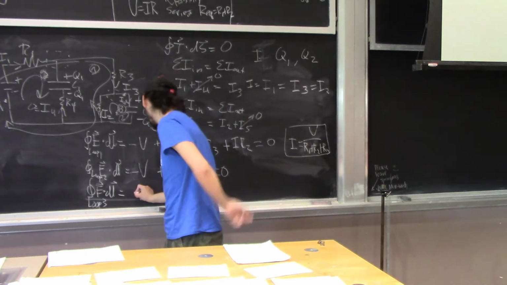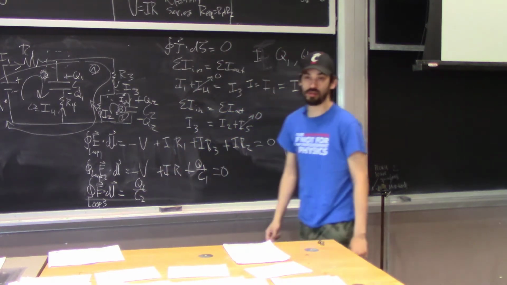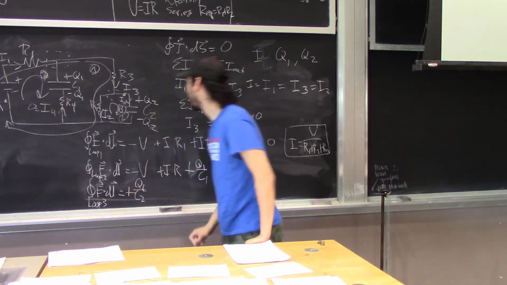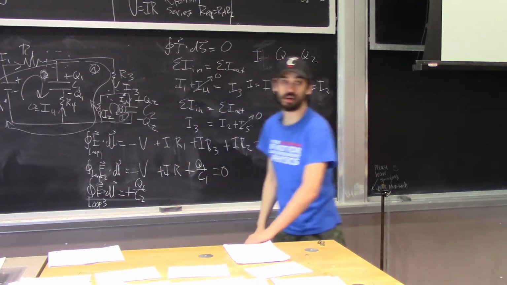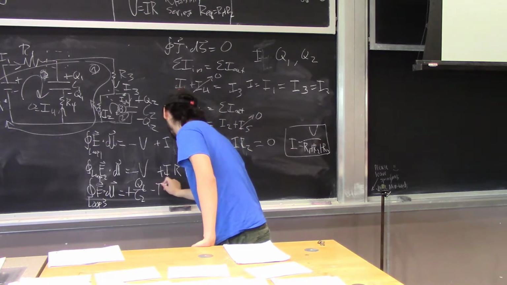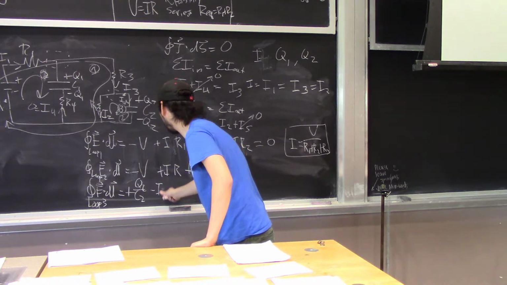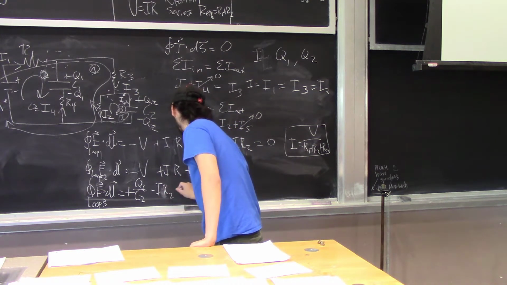Yeah, we're going to see something with C2, right? So we have C2, and plus or minus? Plus, okay? And then I get over to here. What am I going to have to see here? Minus I2, which is really I, since I already said that I2 is I, times R2 is equal to 0.